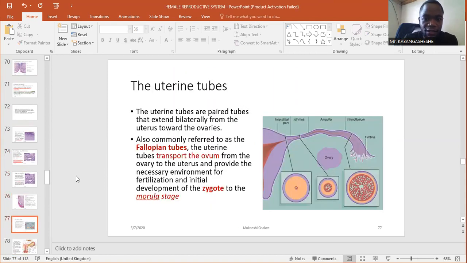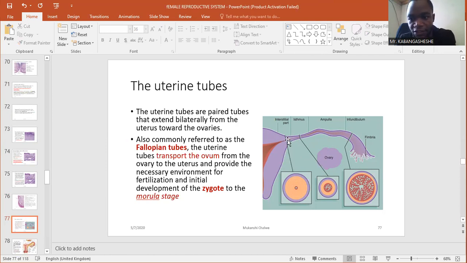Next, we'll look at the uterine tubes. So uterine tubes, or rather fallopian tubes, are highly tortuous tubes that connect the body of the uterus all the way to the ovary. So there's the ovarian ligament here. The ovary is attached to the body of the uterus by the ligament, and it is suspended like that.